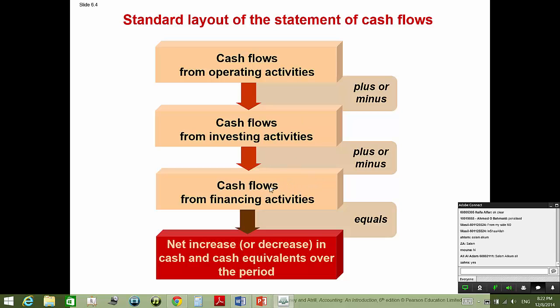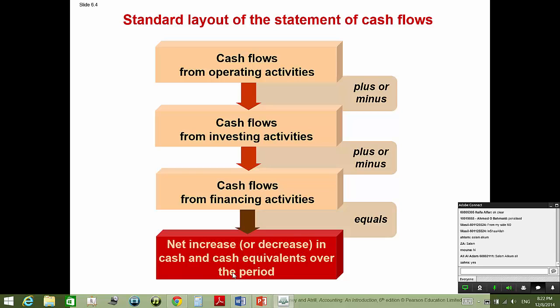If the cash flow from financing activities was negative, then we also need to deduct it from the cash flow from operating. Anyhow, at the end, we will find what we call the net increase or decrease in the cash and cash flow. Sometimes we find an increase in the cash.